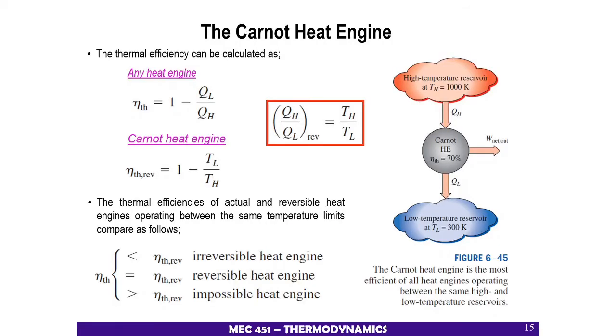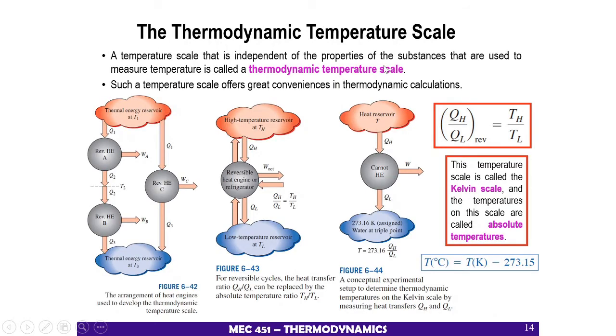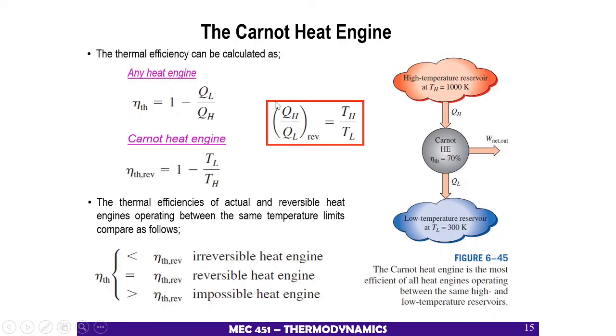The Carnot heat engine. The thermal efficiency of any heat engine is 1 minus Q low over Q hot, whereas for the Carnot heat engine it is 1 minus T low divided by T hot. This is your thermodynamic temperature scale. If your efficiency is less than the efficiency of a reversible engine, we call it an irreversible heat engine.